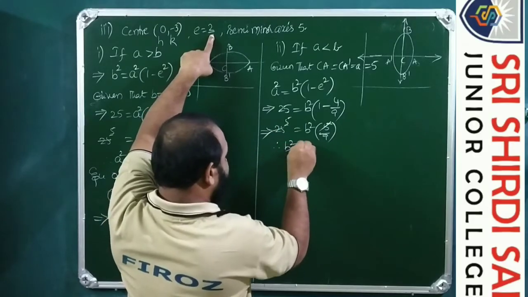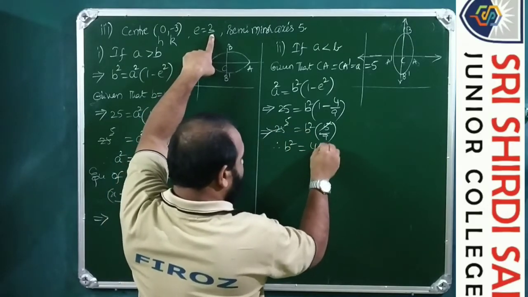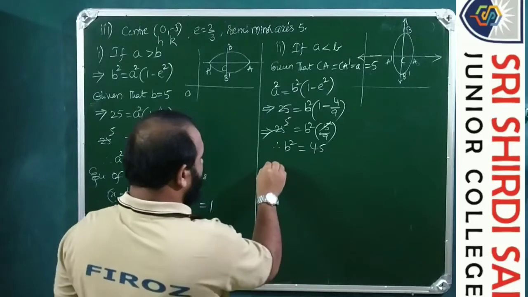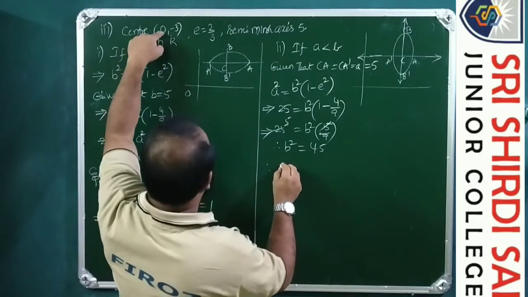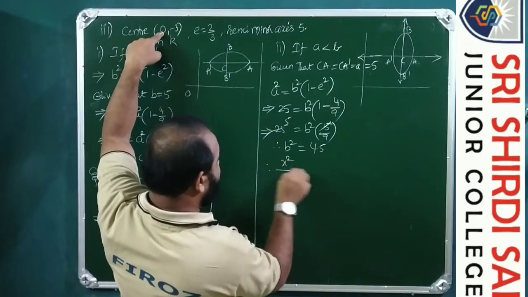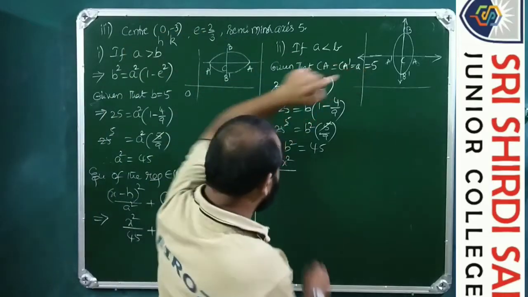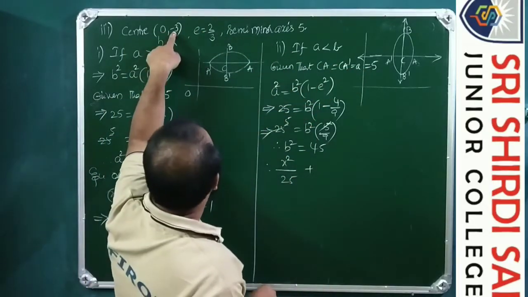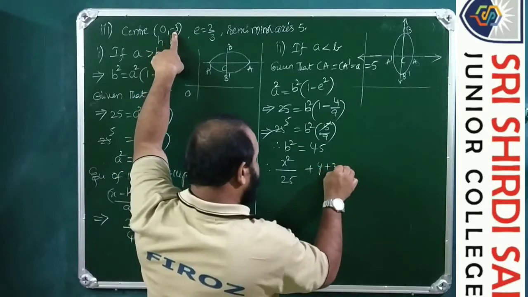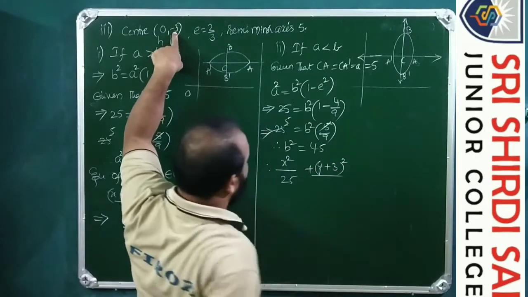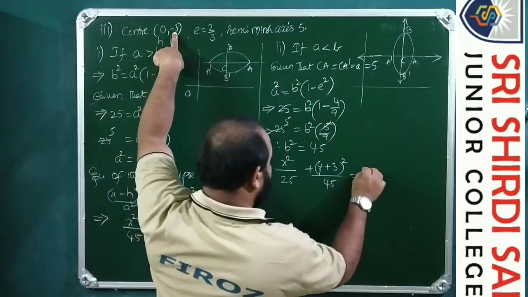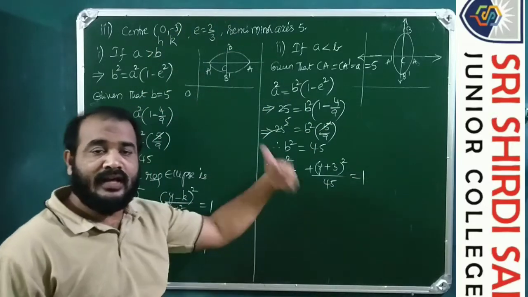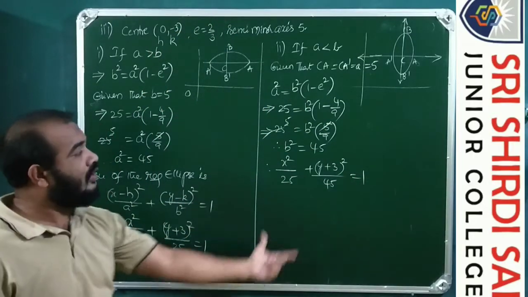Therefore B square is equal to 9 5s are 45. Therefore the equation of the ellipse is x minus 0 whole square, that is x square by A square, 25, plus y minus of minus, so y plus 3 whole square by B square, 45, equals 1. Therefore the ellipse could be this or this.